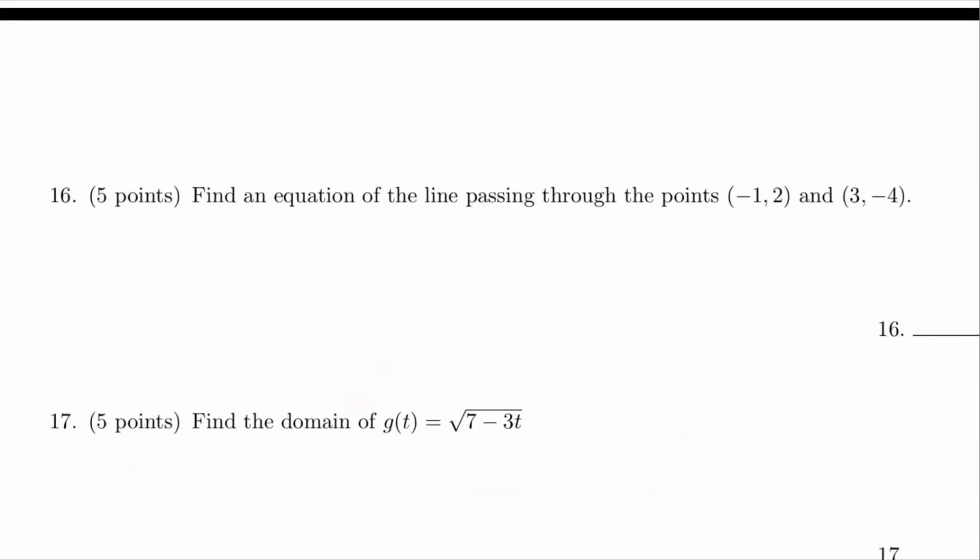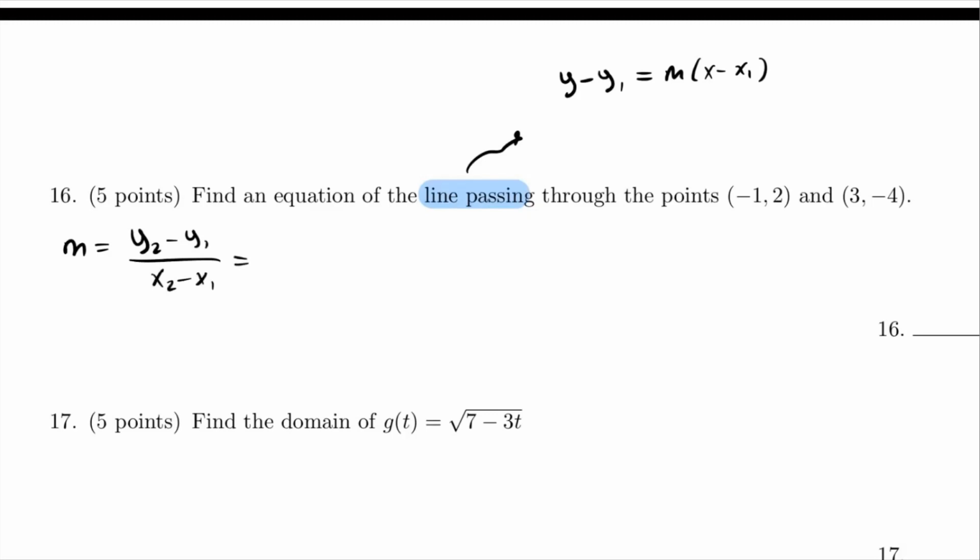Number 16, we're going to find an equation of the line passing through these points. So we need the slope of the line. I'm going to write it in point slope form. So y minus y1 equals m times x minus x1. We need the slope. So we know the slope is y2 minus y1 over x2 minus x1. Let's label our points. Call this x1, y1.